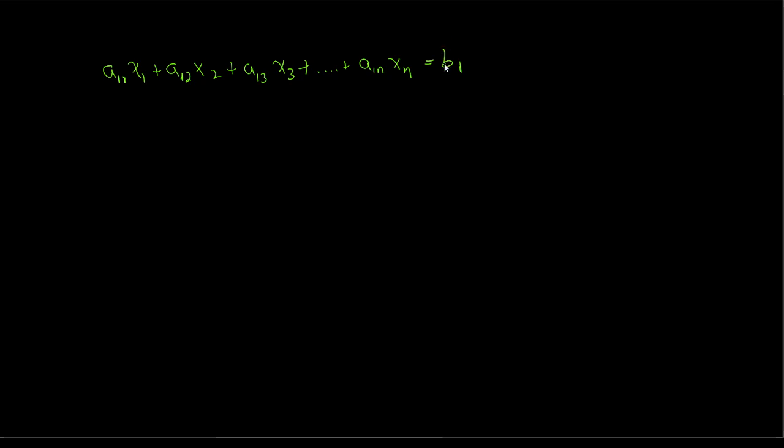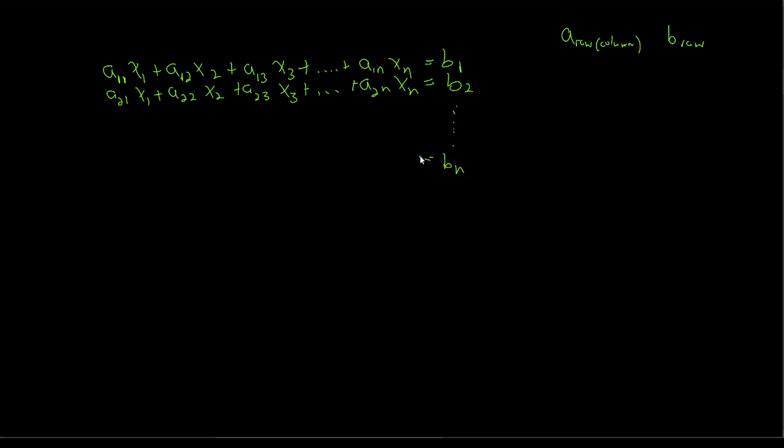And since this is a singular number, not a series of coefficients, we will count the rows off with these. And so notice this is a row, column, and B counts rows, because this will be the second equation, which creates a second row. And we'll go all the way down to B sub n equations.